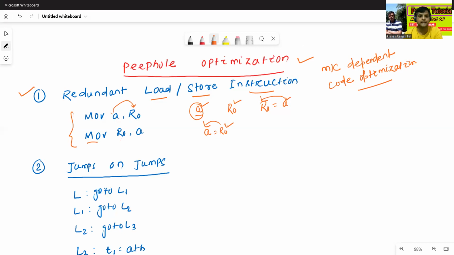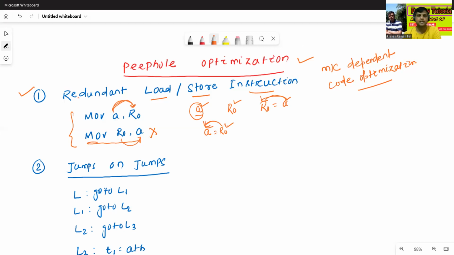But remember, we move A value in R0, and again we write move from R0 to A. Means we store A value in R0 and again we store R0 value in A. What is the meaning? Both are redundant instructions, so we can eliminate any one. I am eliminating the second one. Just eliminate any one of the load or store instructions.